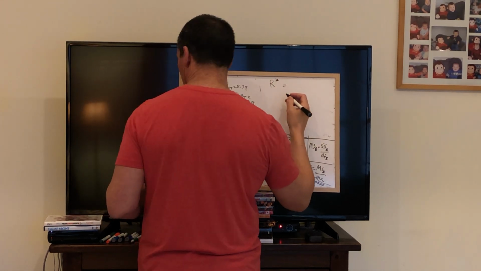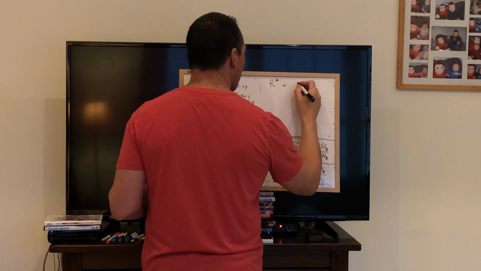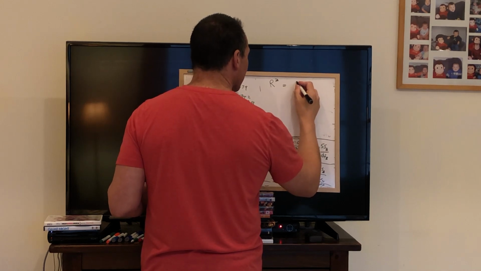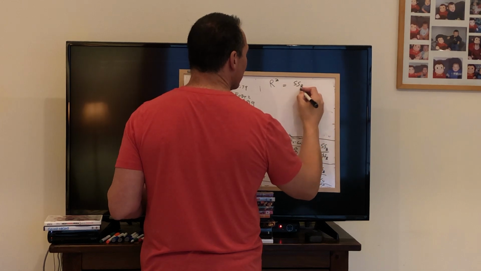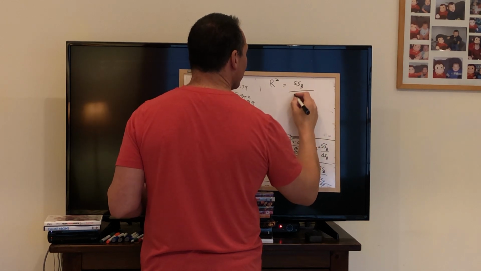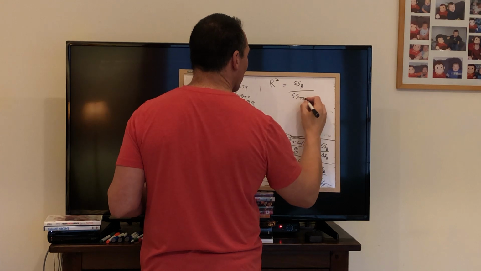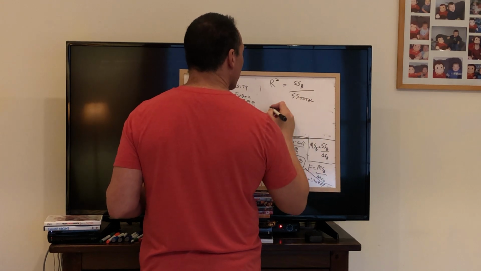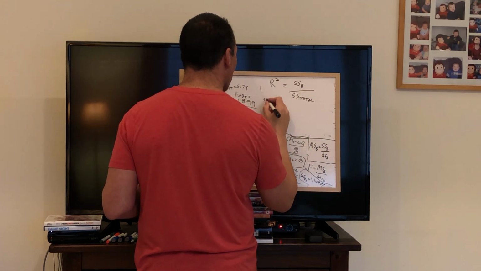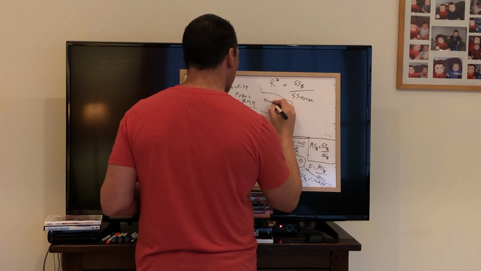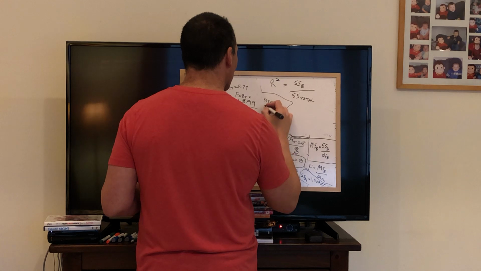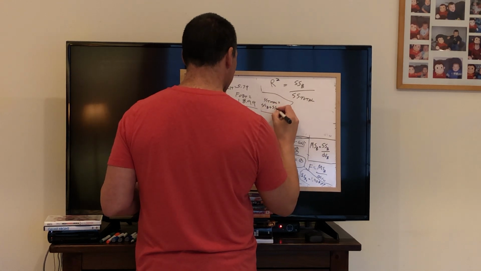So R-square simply is SSB over what's called SS total, where SS total, I'll put this as a little sidebar, equals SSB plus SSW.